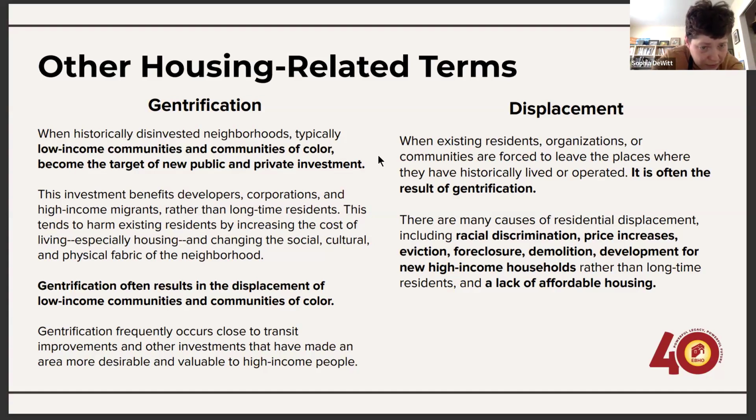So this tends to harm existing residents by increasing the cost of living and especially the cost of housing, and changing the social, cultural, and physical fabric of the neighborhood. So gentrification often results in the displacement of low-income communities and communities of color.